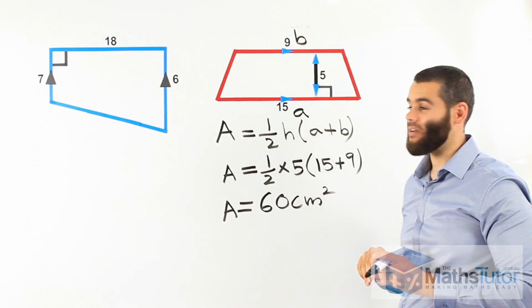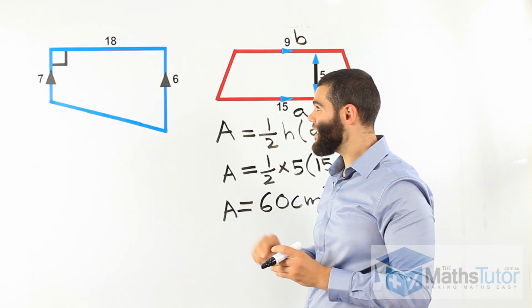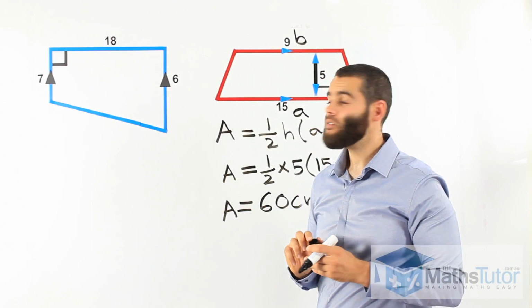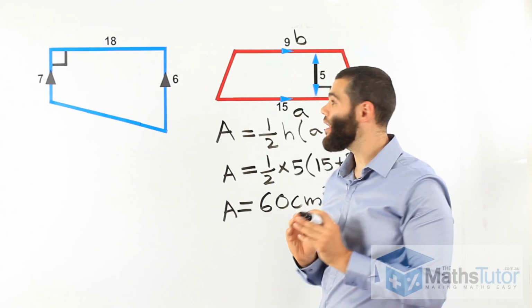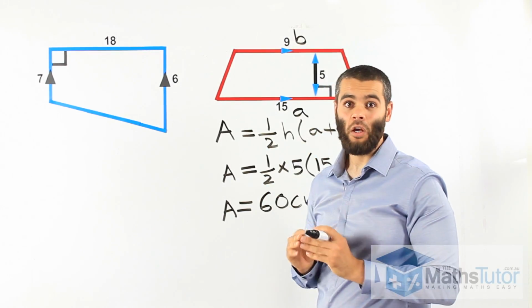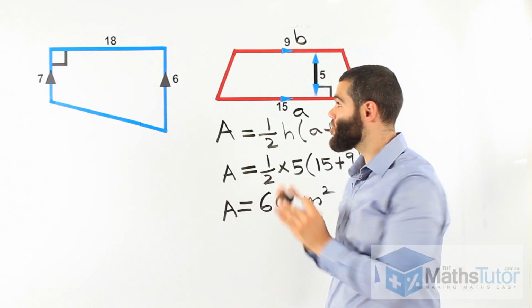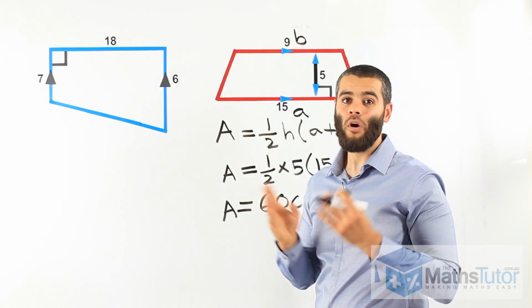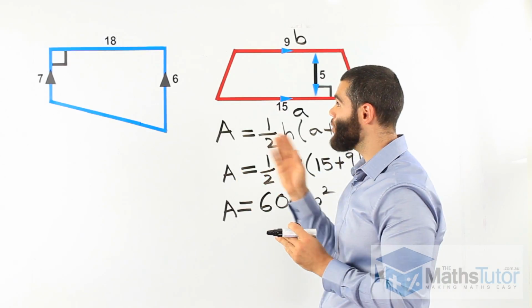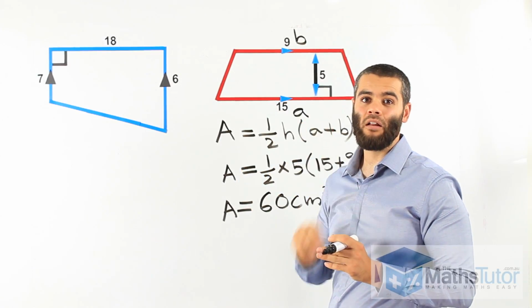Let's do another one. Again, we have a quadrilateral, a four-sided shape. And when we look carefully, we have to always, as I tell students, zoom into the diagram. Check it out carefully and identify what kind of quadrilateral it is. What formula am I going to use? Here we can straight away identify two parallel lines.